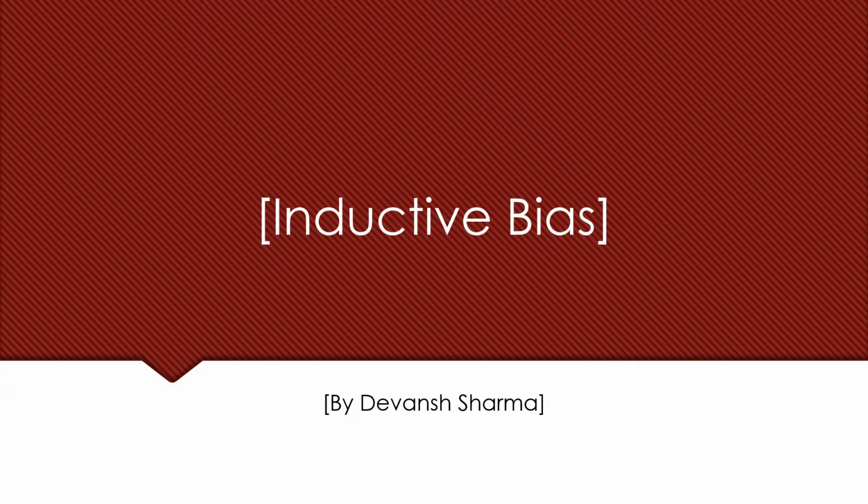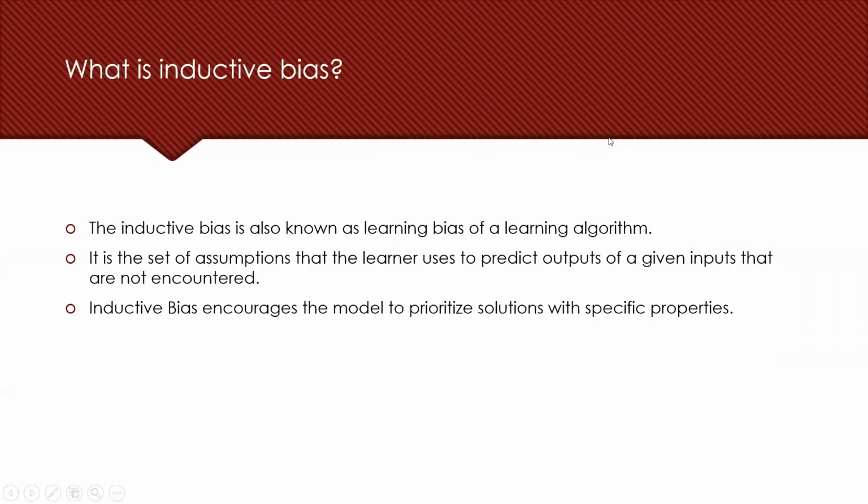Our job is to find the model itself. Inductive bias is also known as the learning bias of a learning algorithm. It is the set of assumptions that the learner uses to predict the outputs of given inputs that are not encountered.